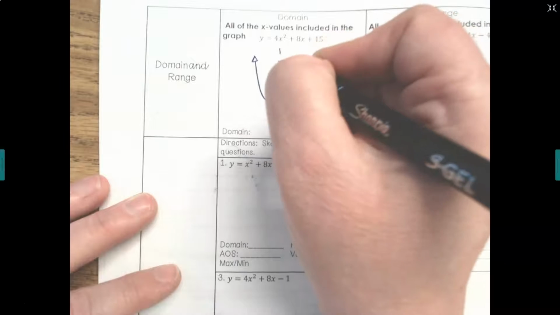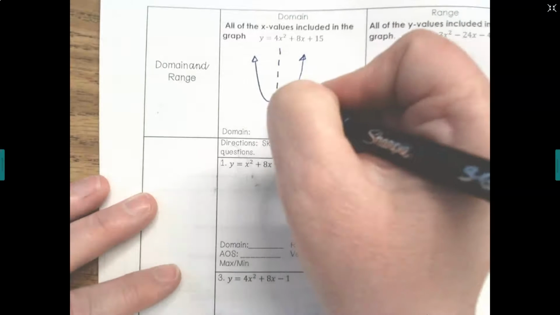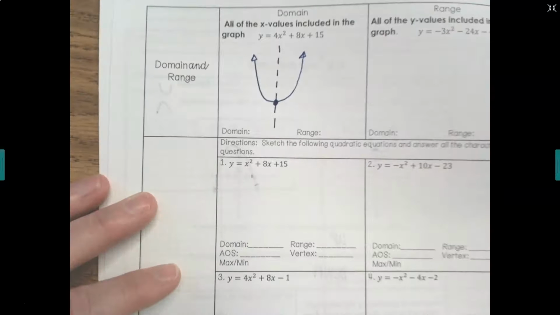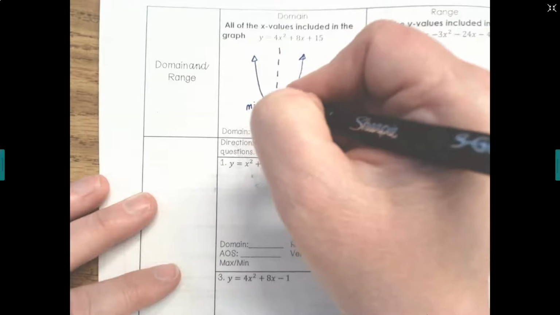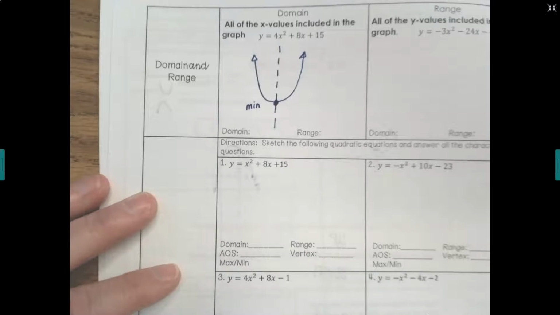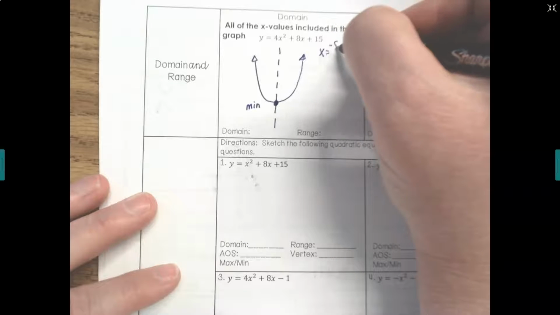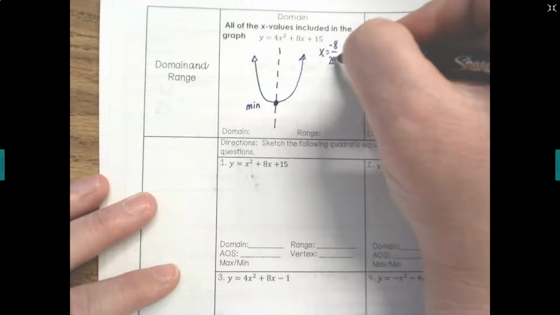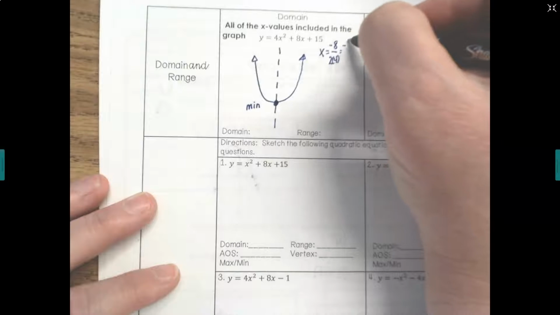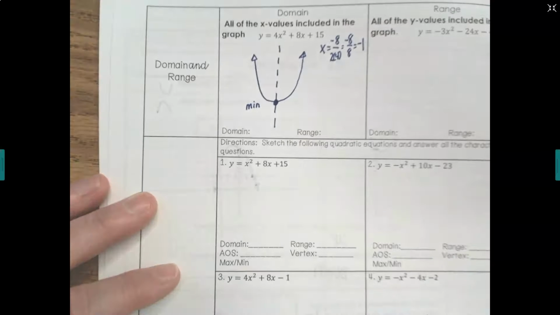I know the axis of symmetry is going to come right down through the center of this, and I know my vertex will be right in that same spot. So I already know I've got a minimum because it's on the bottom. If I want to find the axis of symmetry, I'm going to say negative b, so b is positive 8, so negative b divided by 2a, and I get negative 8 divided by 8, which gives me negative 1.